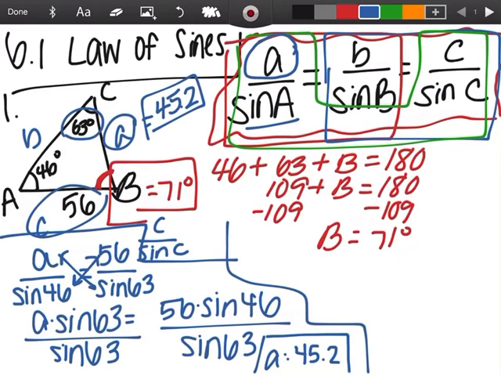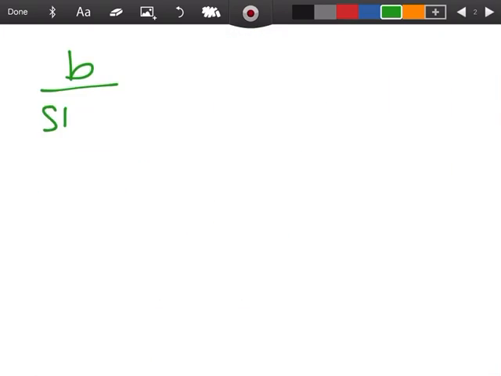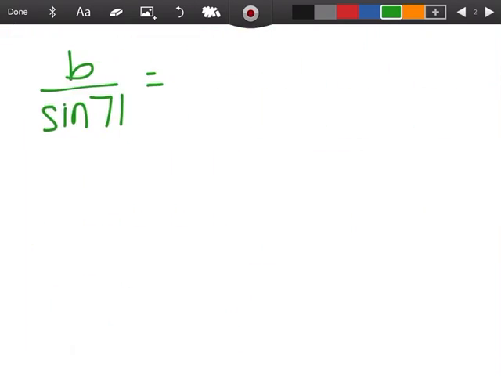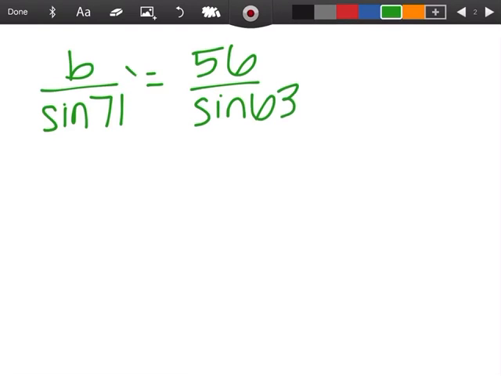Then side B, I'm going to find by setting up B over sine of 71. And here's the thing: I had to round A, this 45.2107 and so on, so I'm going to stick with C, which I didn't have to round. I set it equal to 56 over sine of 63 and cross multiply.